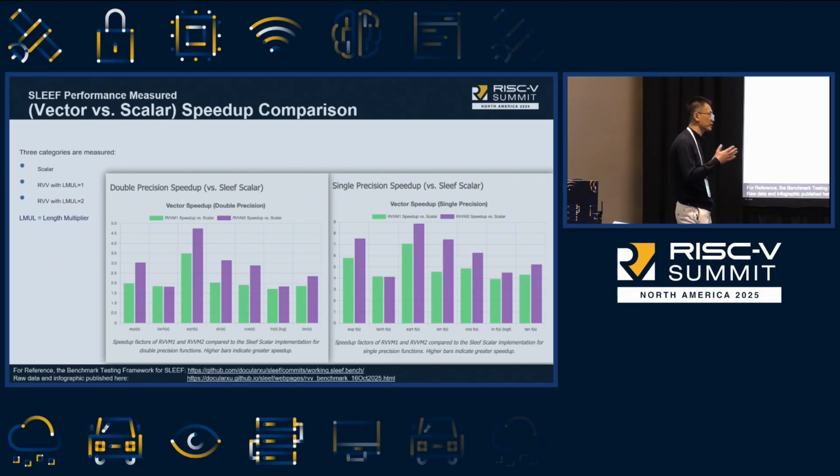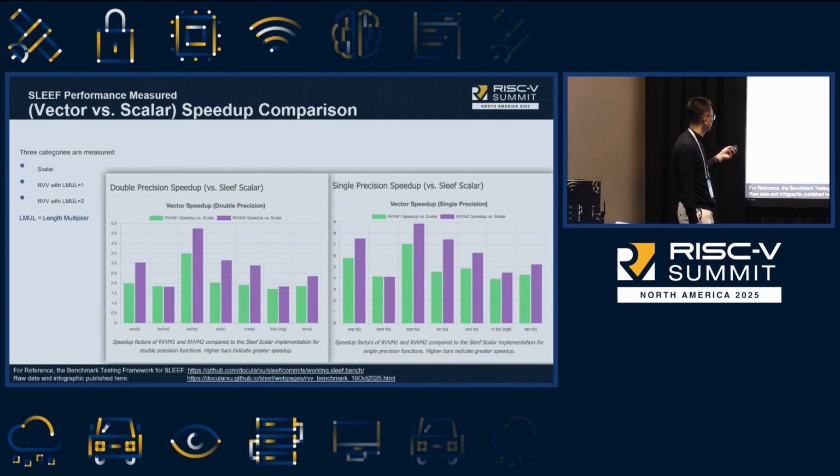We just use whatever we got, the maximum available vector. So in SLEEF, there are two implementations. One is RVV with LMUL 1. Another implementation is RVV-M2, length multiplier 2.